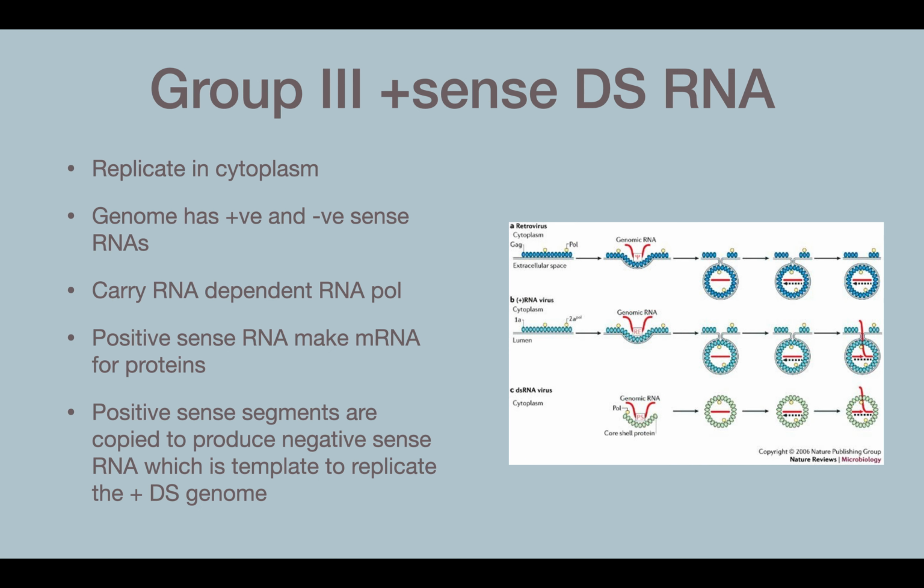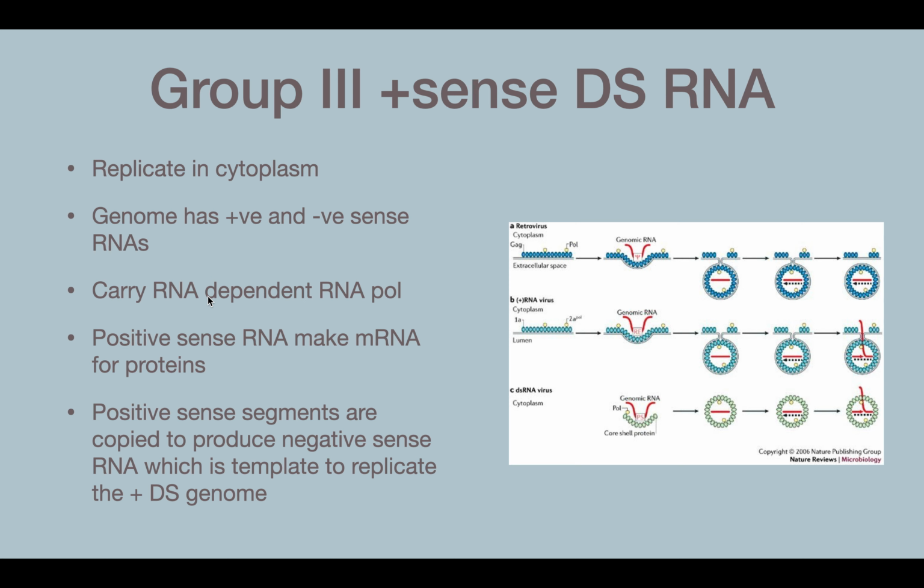The group 3 is going to be a positive sense double-stranded RNA virus. Those are replicating in the cytoplasm because these are RNA viruses. The genome has both positive and negative sense RNA, and they have to carry its machinery. So it carries its RNA-dependent RNA polymerase.